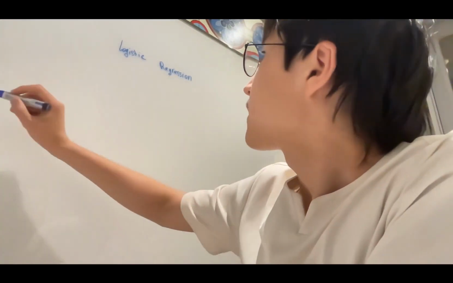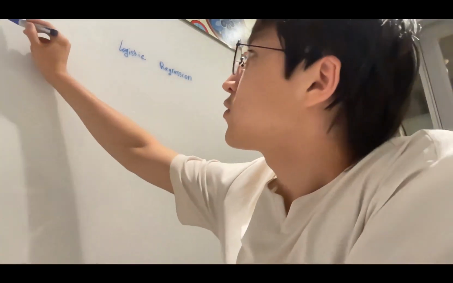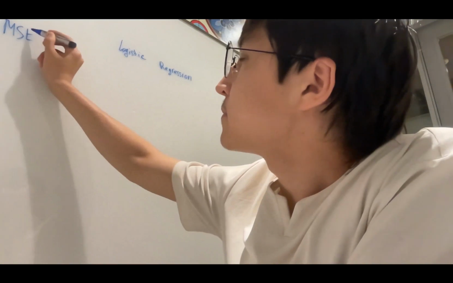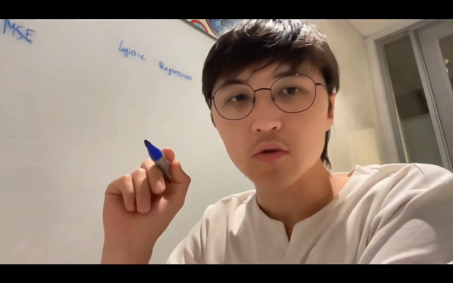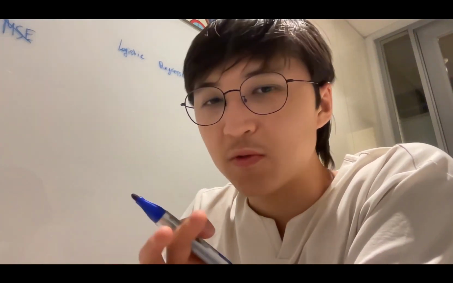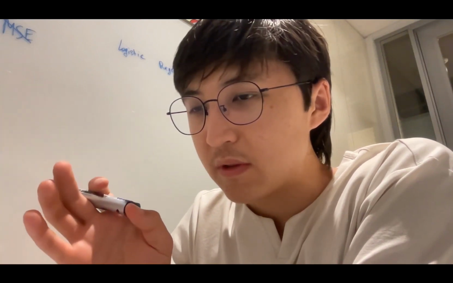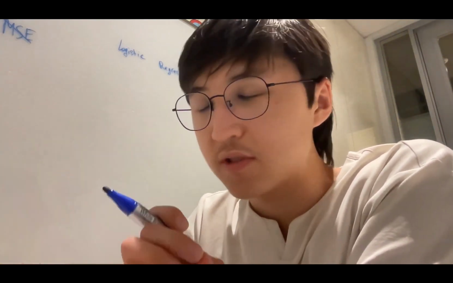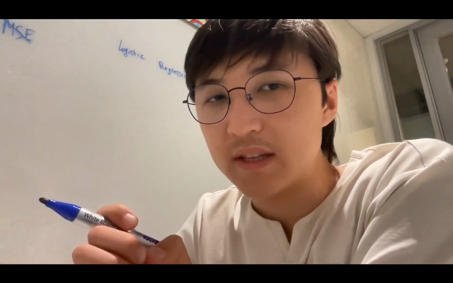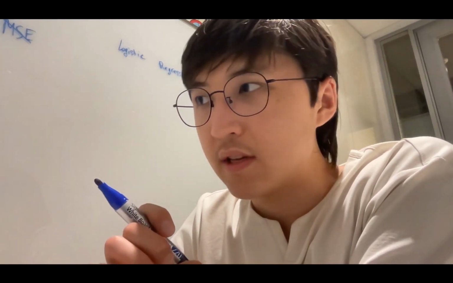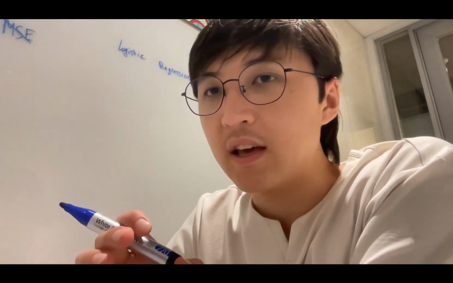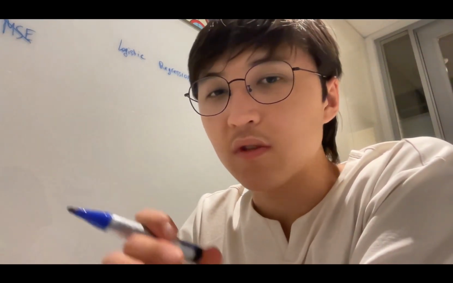We don't want to use MSE because we need probability. We need to classify classes, so the predictions should always stay between 0 and 1. A prediction of 0.9 maybe means the probability that it belongs to class 1.